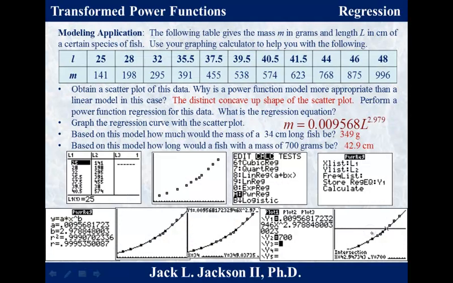Okay, so that's capital L now. And so there's our formula. The L is our input, and the M is the output.